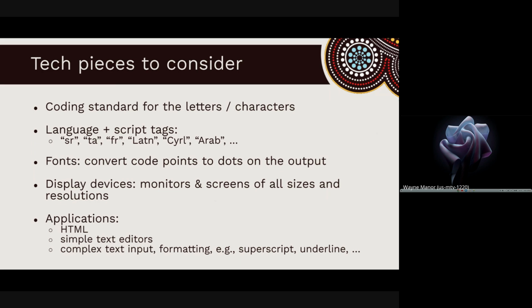We also have to represent something about the identity of the languages and the identity of the writing system that's being used. So here are a few examples. SR, TA and FR are Serbian, Tamil, and French, three languages which are widely represented on the internet now. Four-letter codes are used to represent the scripts.